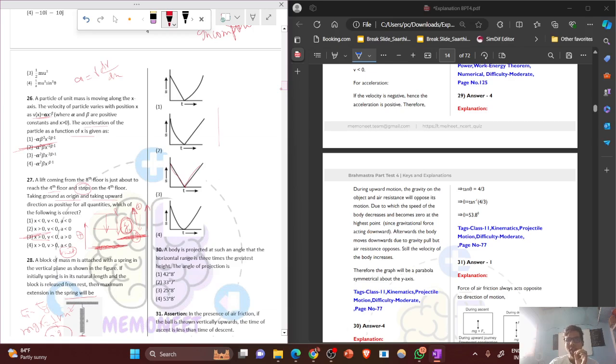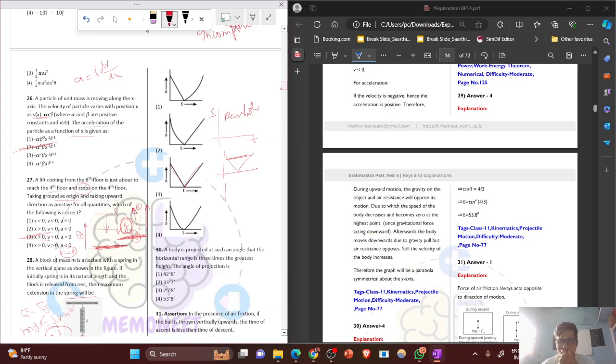So you know the displacement time graph of this is parabolic in nature. The velocity time graph is a straight line, and the acceleration time graph is also constant.